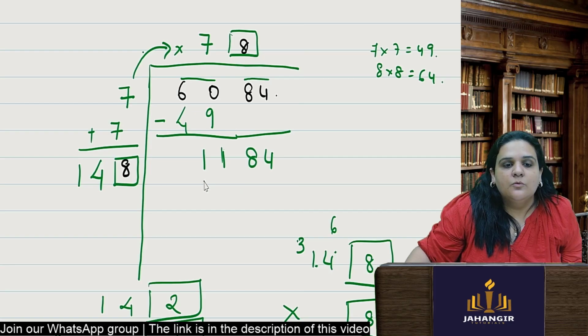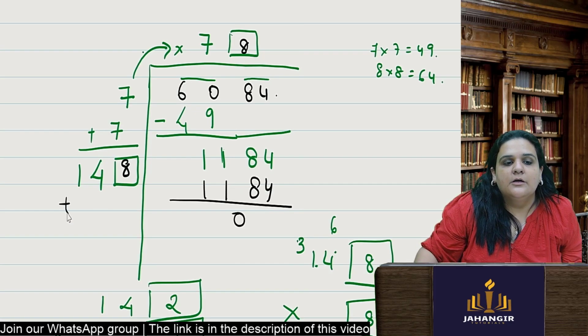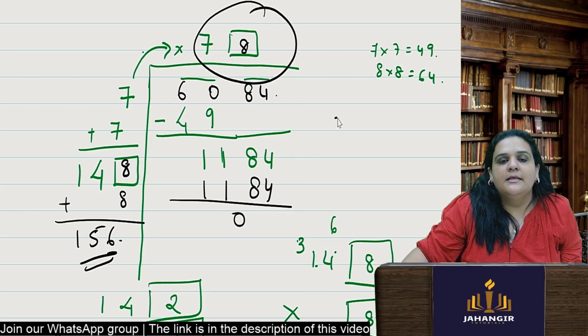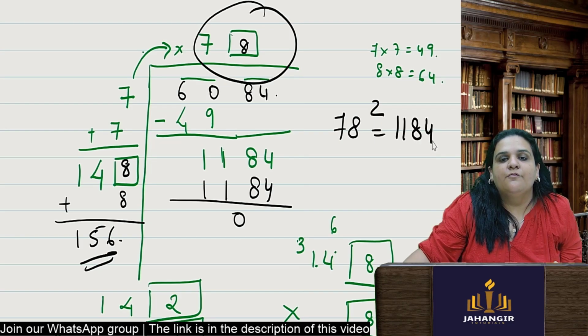Correct? So 1184, I'll get this as 0. So here also I do an addition of 8, it will become 156. And the answer is 78. 78 squared will give me 1184.